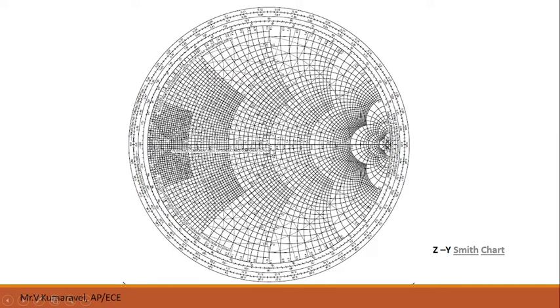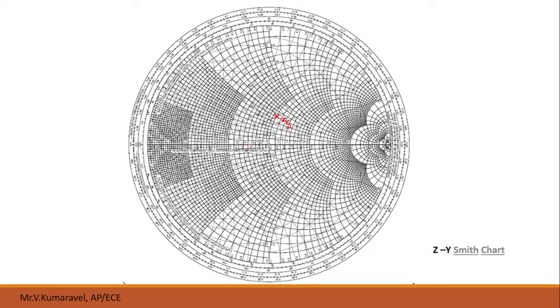Taking 1 and then finding 0.5, this is the point, 1 plus J 0.5, which is nothing but small zs, the normalized source impedance.